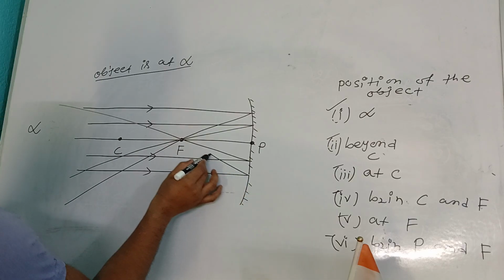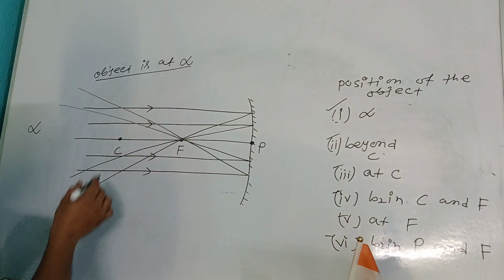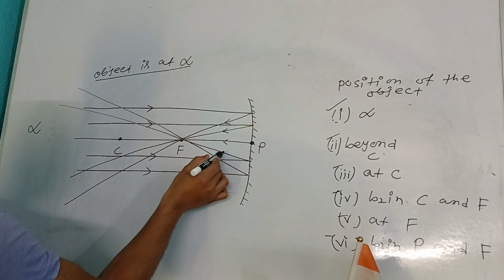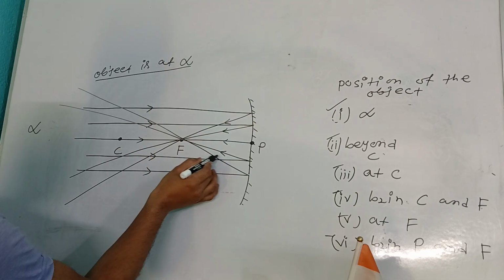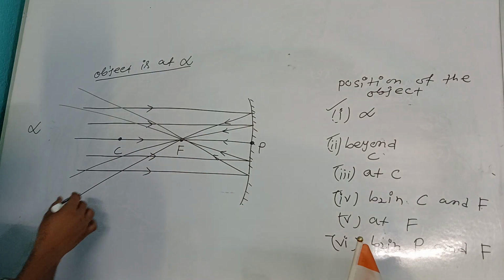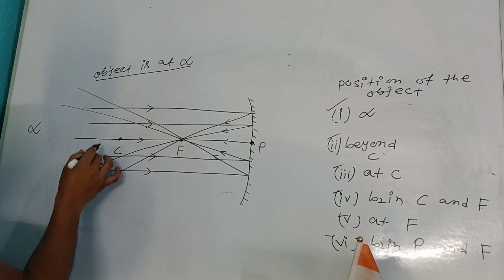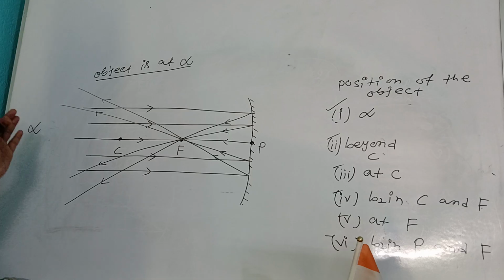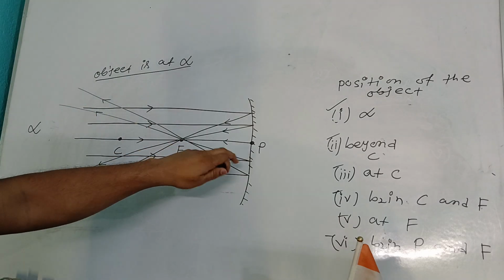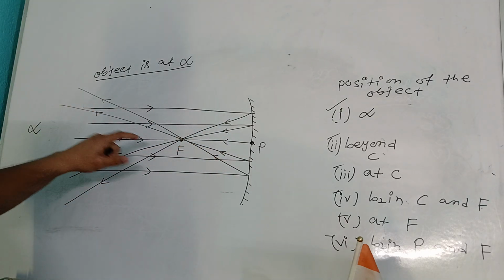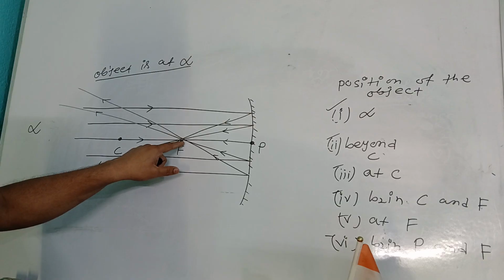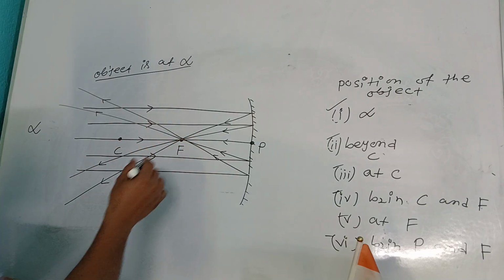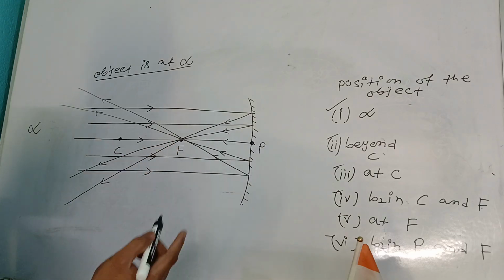So those are reflected rays. So when the object is at infinity, after the reflection all the rays are passing through this point, or they are forming one image here. So this is the image point.